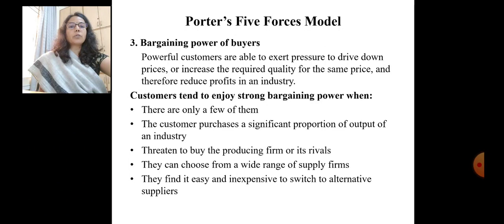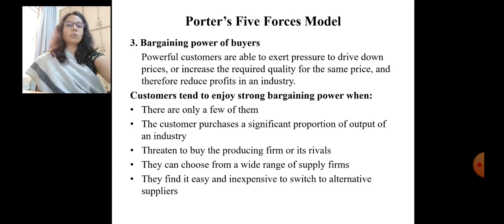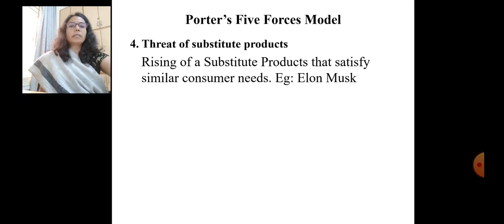Customers tend to enjoy strong bargaining power when they are few in number, purchase a significant portion of the output of an industry, or threaten to buy the producing firm or its rivals. They can choose from a wide variety of supply firms, or they find it easy and inexpensive to switch to alternative suppliers.